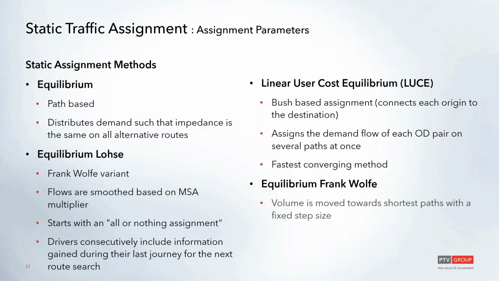And because it does start out with multiple options at the beginning, this is one of the faster convergence methods. And then finally, for the equilibrium assignments, there's also a Frank-Wolfe assignment. And this one tends to move a lot of the volume towards more of the shorter paths in the network.